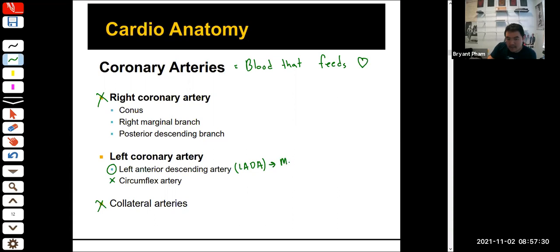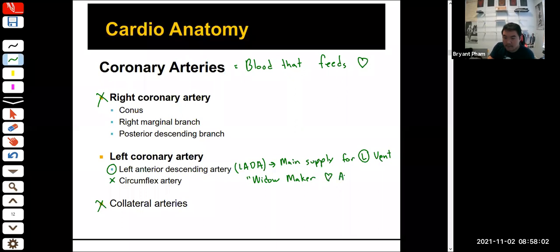LAD is the main supply for the left ventricle. Main blood supply for the left ventricle. In fact, the reason why you need to know this: if LAD ever becomes obstructed, this creates what's called a widowmaker heart attack.